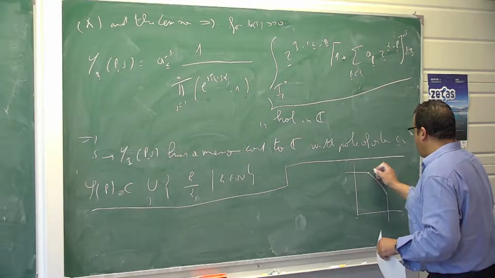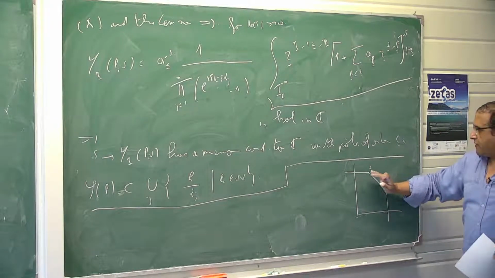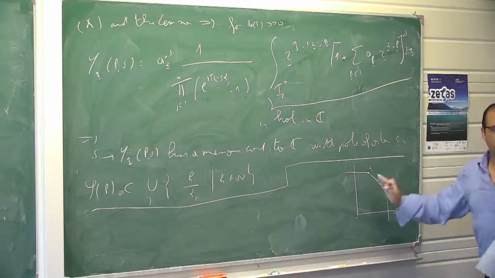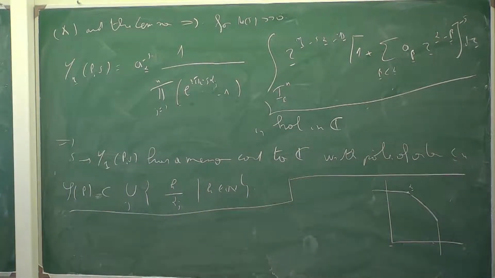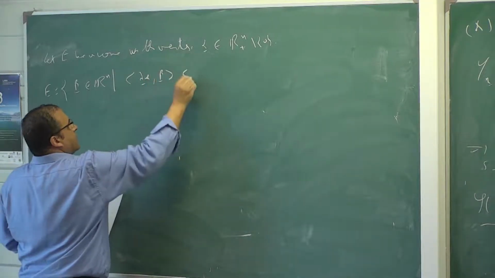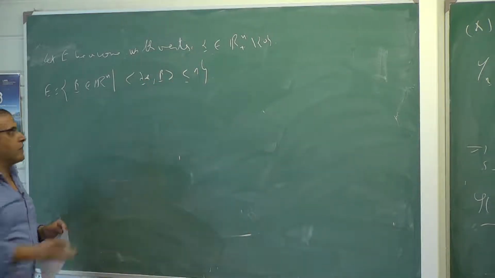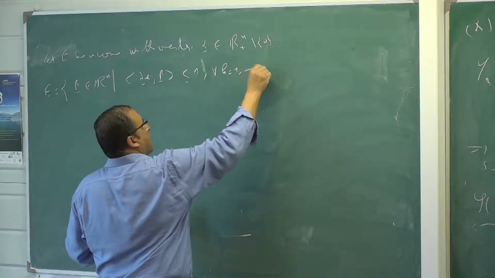We take a vertex alpha, and the cone associated to this vertex is this one. And it's given by an equation of the form E equal to the set of beta in Rn such that lambda k beta is less than 1 for all k equal 1 to n plus p.